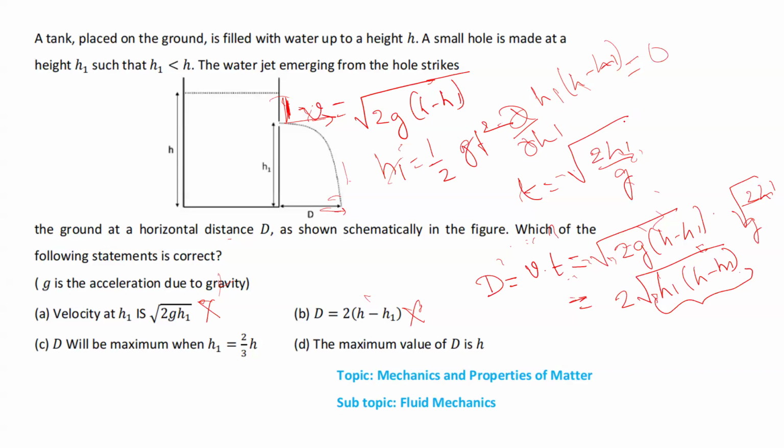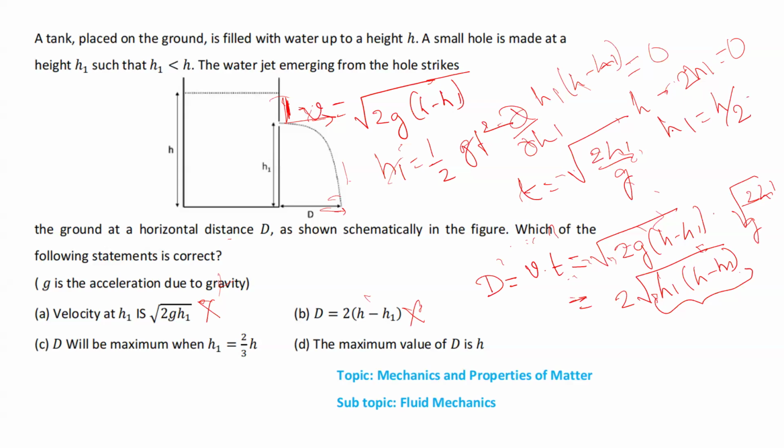If we do the derivation, it will give h minus 2h1 equal to 0. So h1 will be h by 2.